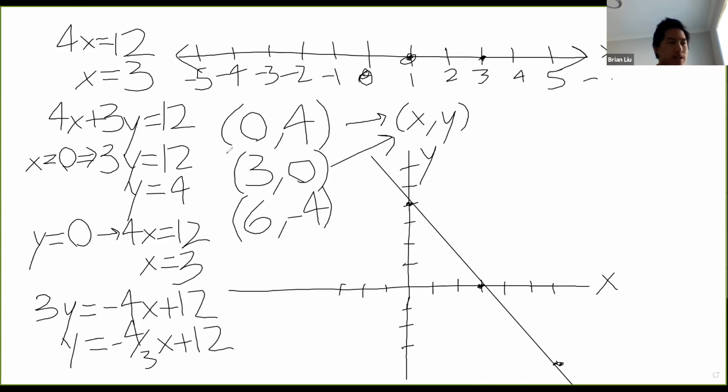Right. And if we look at the original equation, 4x equals 12, in terms of just x, it's a point, right? 4x equals 12 gives the point x equals 3. But if we graph it here on the 2D plane, x equals 3 is actually another line. So x equals 3 and y equals 0 is here. x equals 3, y equals 1 is here.